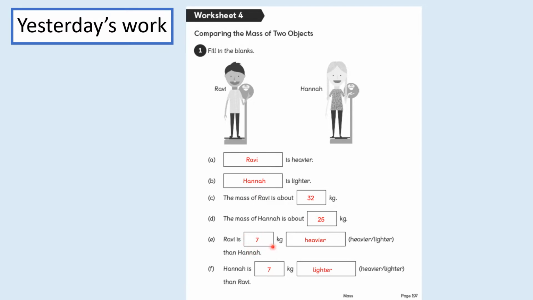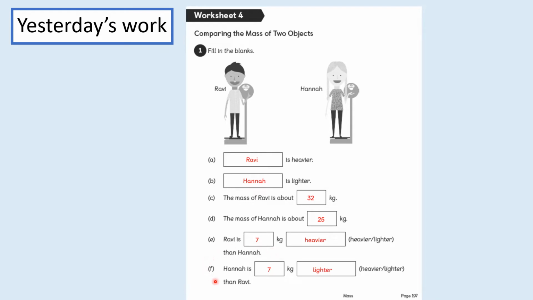You might have worked it out by counting on from 25 to 32, or you might have used subtraction like I showed you yesterday, and you might have done 32 subtract 25 to give you 7 kilograms. So Ravi is 7 kilograms heavier than Hannah.